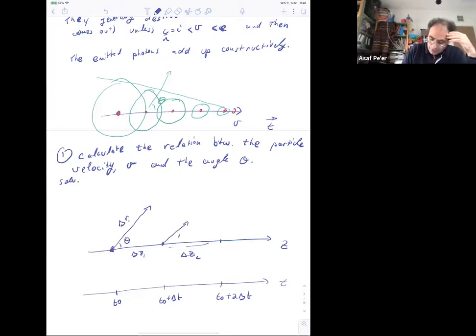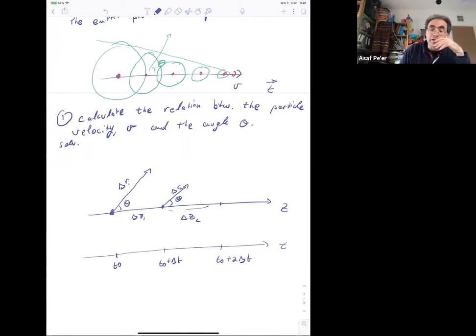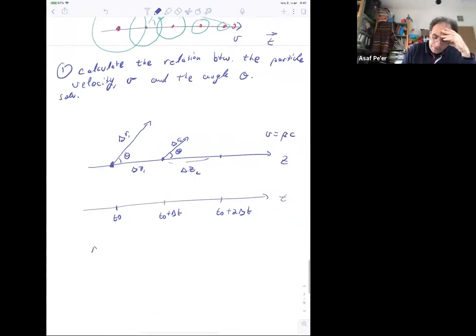This will be delta r2. It's the same theta. Right. So since the particle moves at velocity beta, right, so v is beta c, then delta z2 is just beta c delta t.